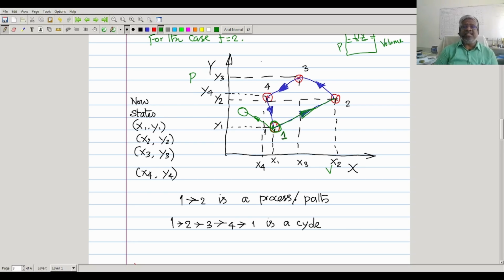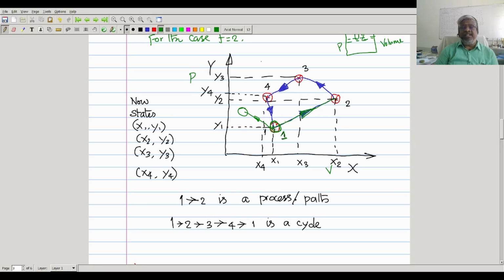So here the states are x1, y1, x2, y2, x3, y3, x4, y4. These are what we call states of the system, but it is not limited to only four states. There are infinite numbers of states in this cycle, between 1 to 2, 2 to 3, 3 to 4, 4 to 1. All the points lying on this particular curve are called states. But those states cannot be measured accurately.